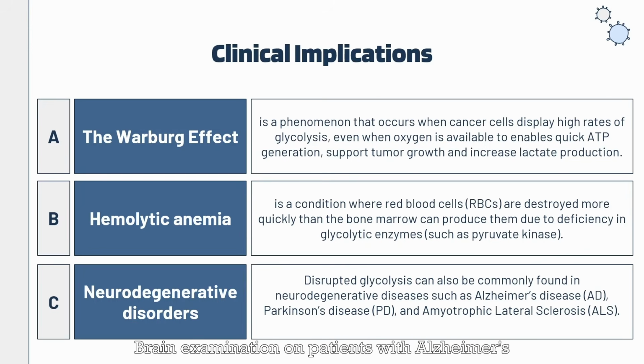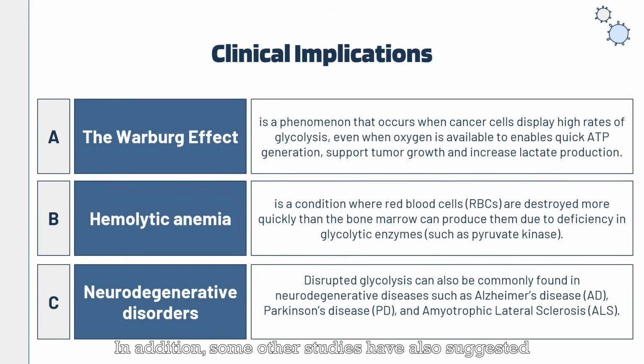Brain examinations of patients with Alzheimer's disease show decreased glucose uptake and decreased aerobic glycolysis in regions such as the temporal and parietal regions. This condition is often linked with a reduction in glucose transporters such as glucose transporter 1 and glucose transporter 3, which prevents neurons from receiving enough energy, leading to mental decline, a very important key symptom of Alzheimer's disease.